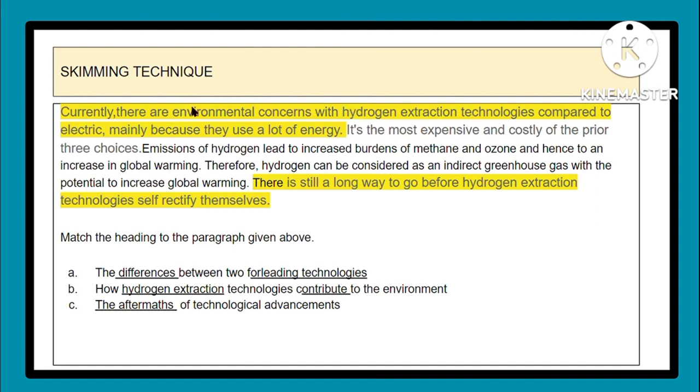And also the last sentence, there's still a long way, the name is being repeated constantly, hydrogen extraction technologies self-rectify themselves. It's talking about the time period. So I have my eyes fixed on this one, but let's see the last option, the aftermaths of the technological advancement. I know this is not the aftermaths, so I'm going to cross that out, lock my answer to option B, and move on to my next question.